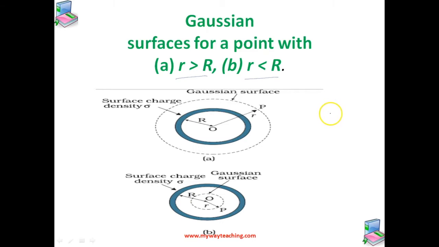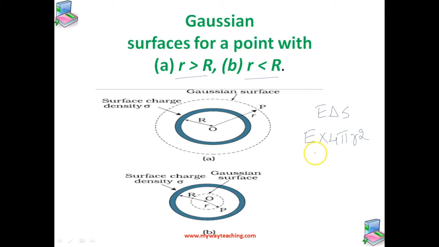So E and delta S at every point are parallel and the flux through each element is given by E into delta S, and the flux through the Gaussian surface is given by E into 4 pi r square.